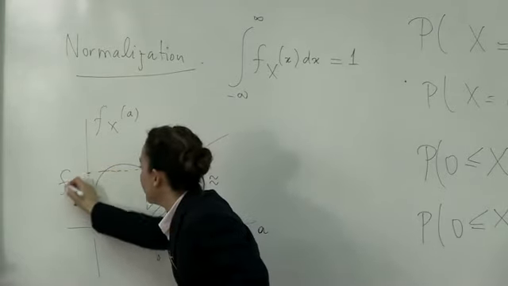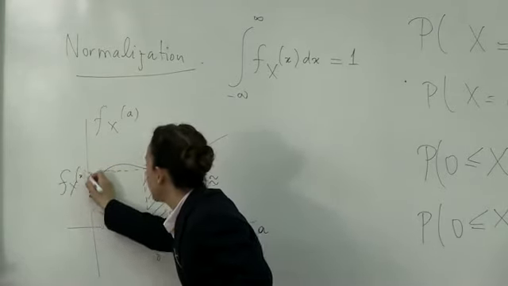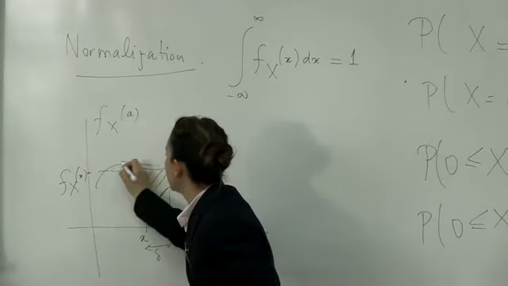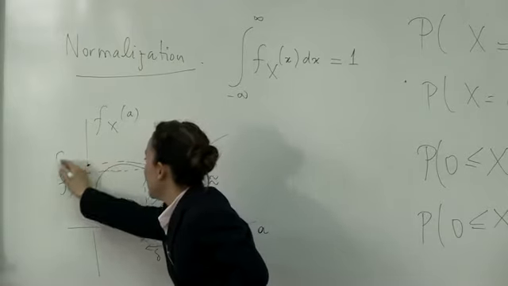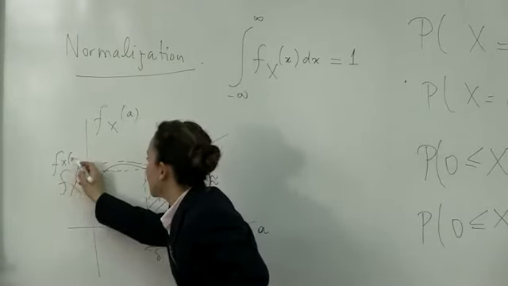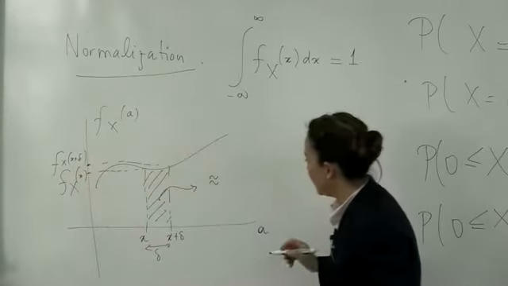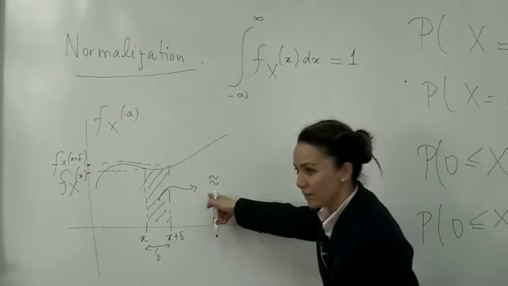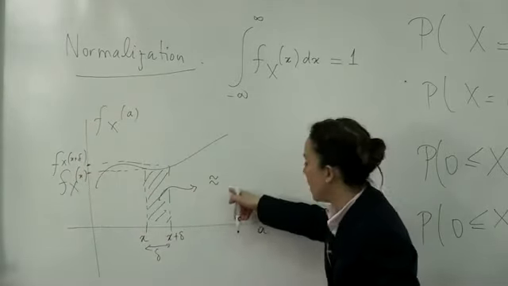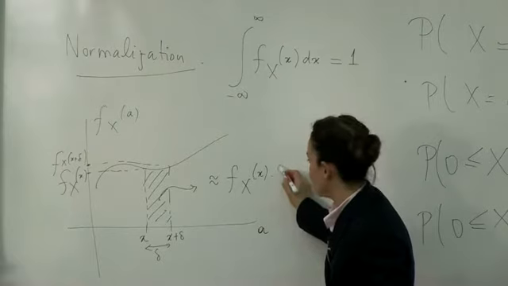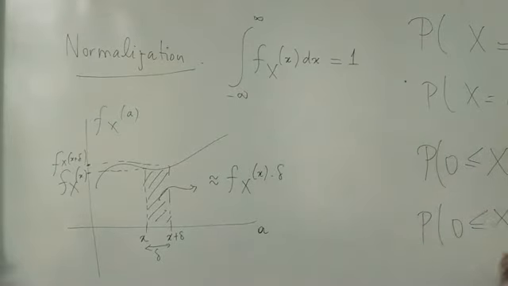This is fx of x, and this value is fx of x plus delta. So this area is roughly fx of x times delta. Area of the rectangle. Approximating it by a rectangle. You know this argument from the Riemann integral.